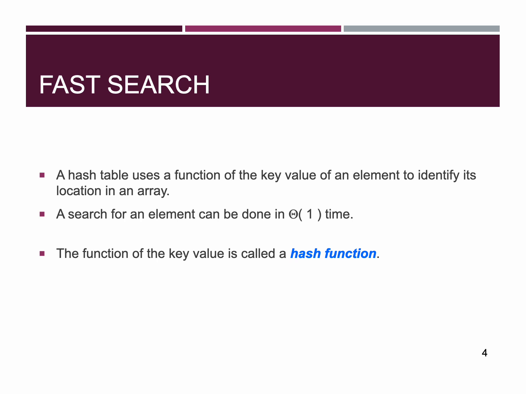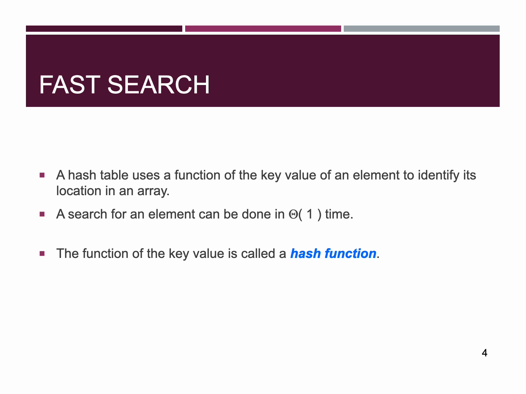Now, one of the main reasons hash tables are so popular is their ability to provide fast search capabilities. A hash table uses a hash function which takes the key value of an element and calculates an index that corresponds to its position in an array.